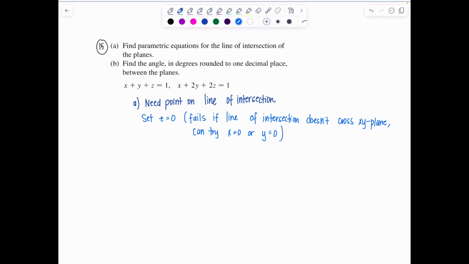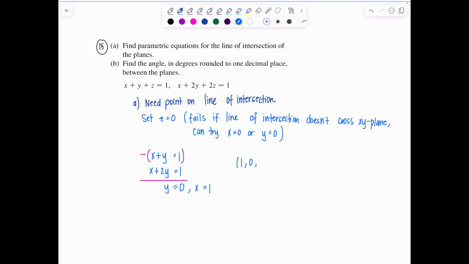Okay, so if I set z equal to 0, then I'm going to have x plus y equals 1, and then x plus 2y equals 1. And let's see, if I take the top equation and subtract it from the bottom one, x cancels out and I just get y equals 0. And if y is 0, then x is 1.